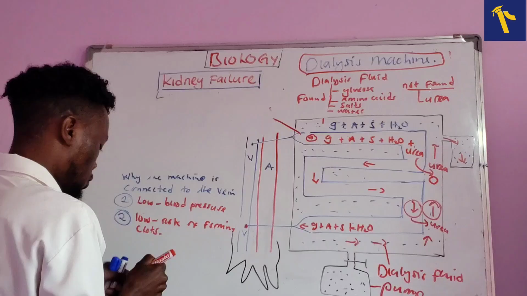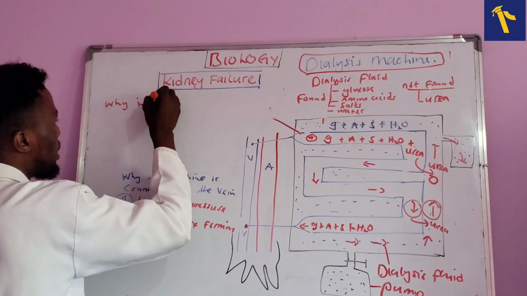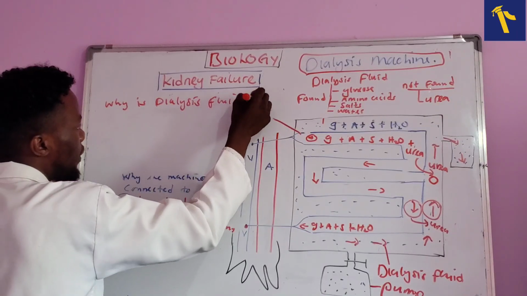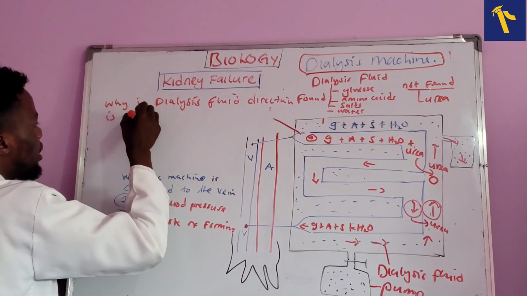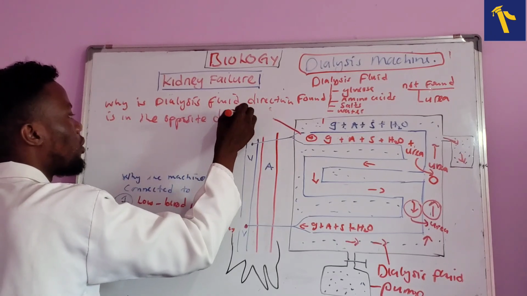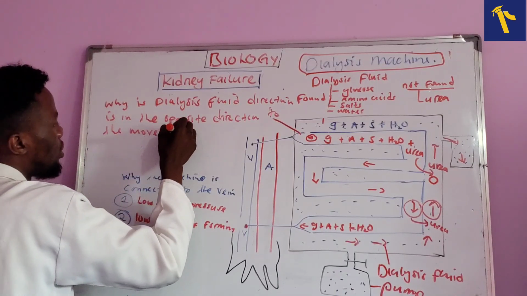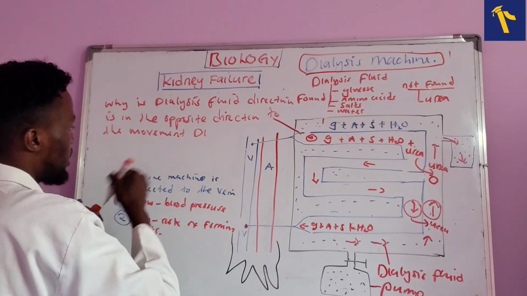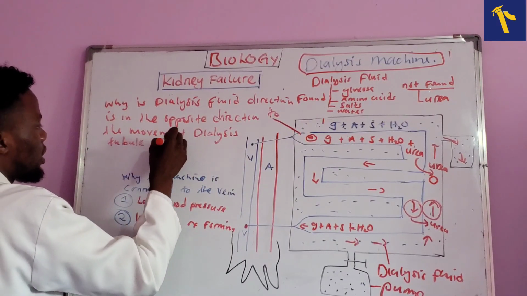So the question is this: why is the dialysis fluid direction in the opposite direction to the movement of the dialysis tube component? So that's the question that I was asking.